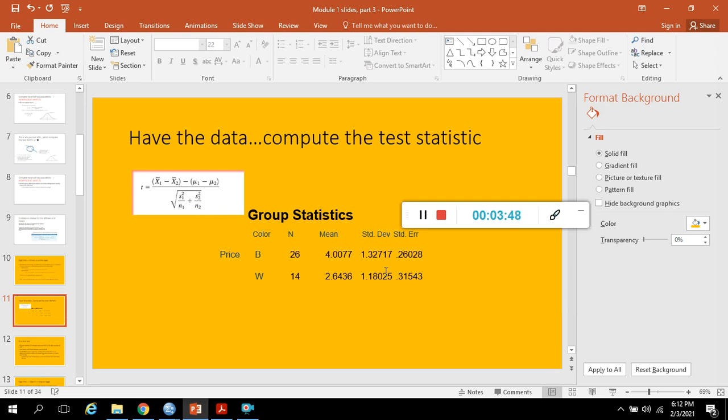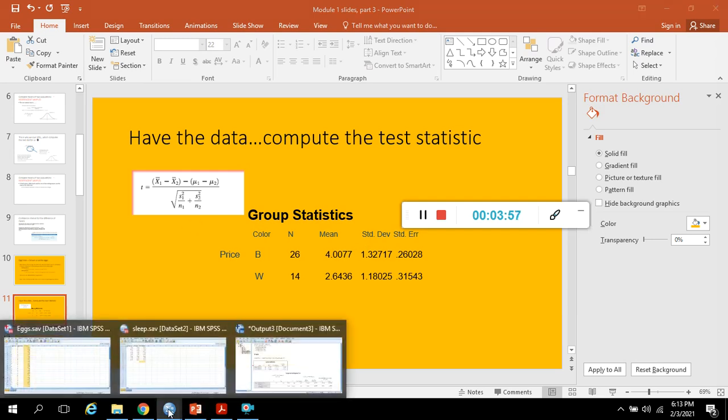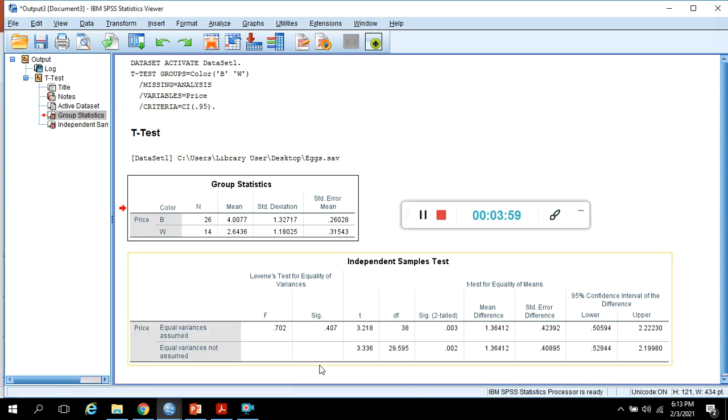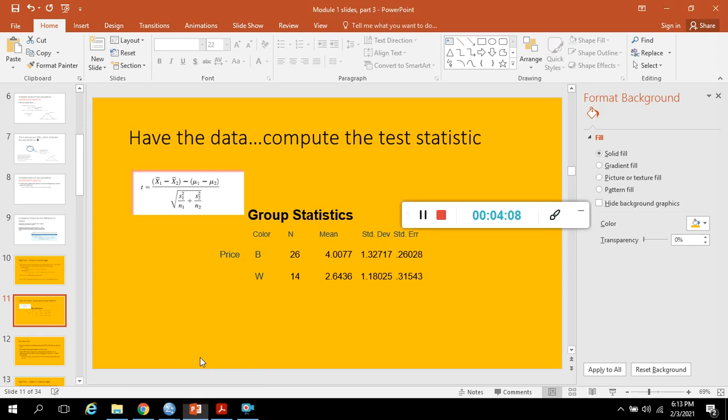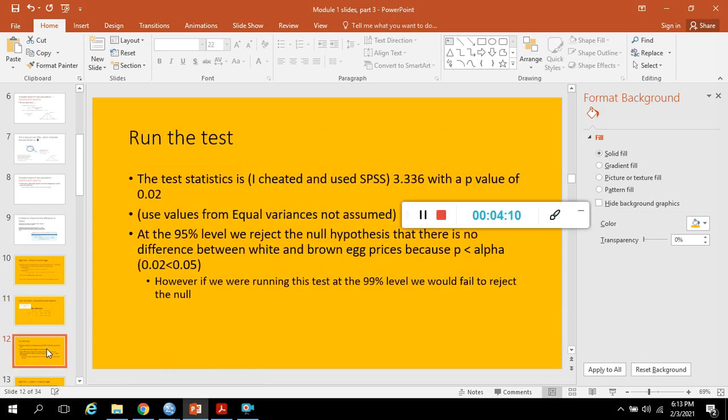But all the information to calculate this by hand is in the group statistics table, because you just square the standard deviations divided by the sample size, plus the same for the other group. If you actually sat and did that by hand, which admittedly I was even too lazy to do, you end up getting 3.36. So that's the test statistic. The test statistic is the game player in these things, right? So the test statistic is 3.36.